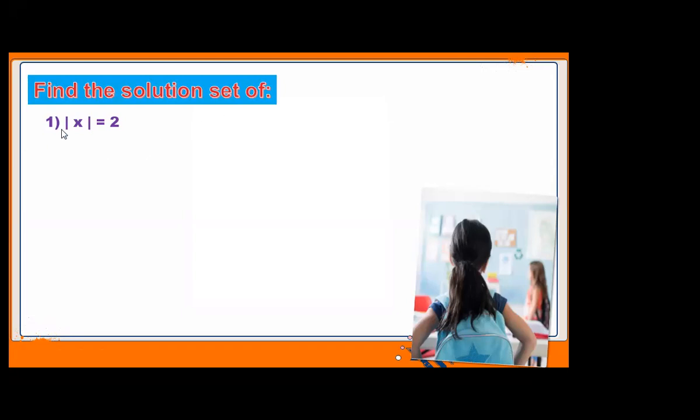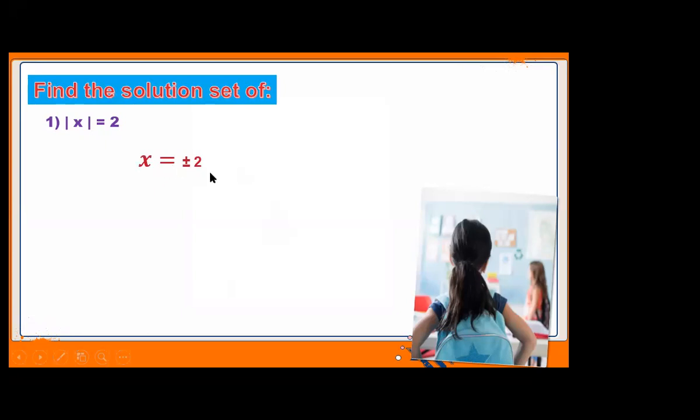Because we know that when there is a mod, it shows the absolute value, it represents non-negative values. So if mod x is equal to 2, it is possible that x is either plus 2 or minus 2. So when we remove the mod, we get x is equal to plus minus 2.